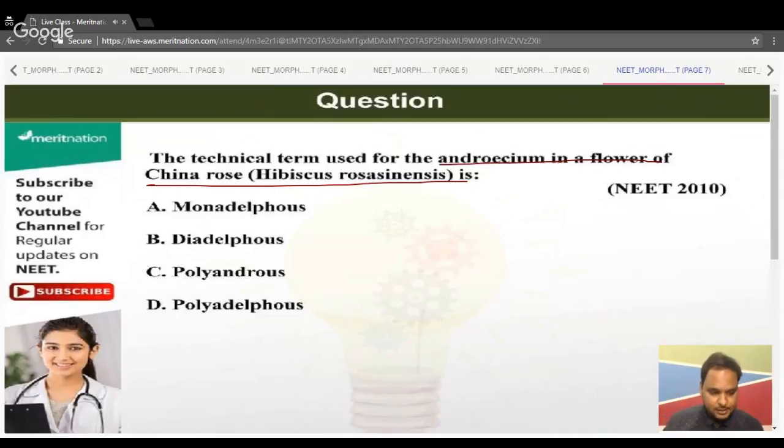So this is talking about the arrangement of stamens, how they are arranged in a flower. And in China rose, it's a very prominent example here.